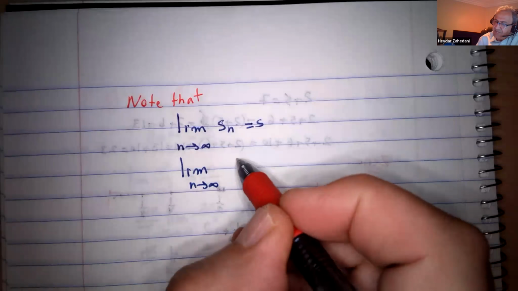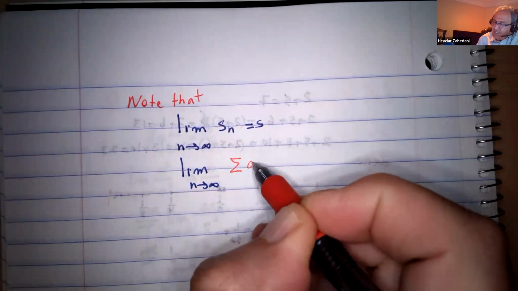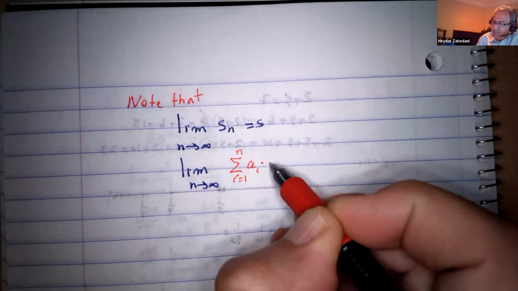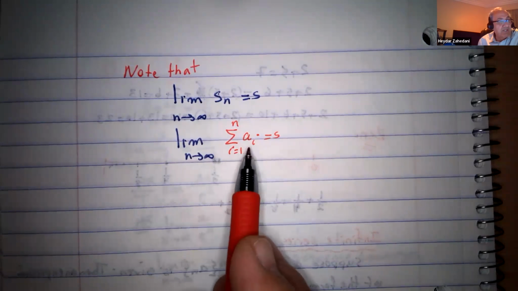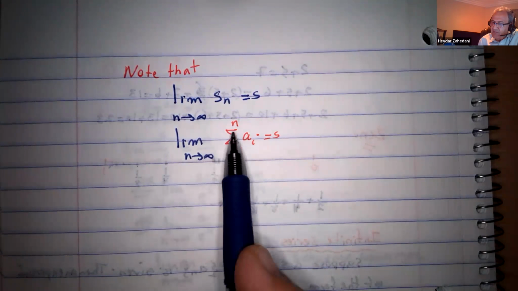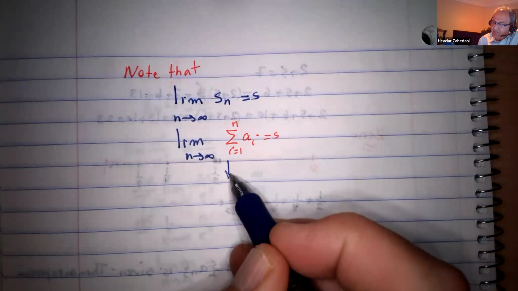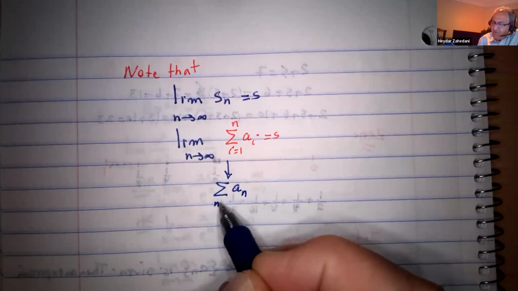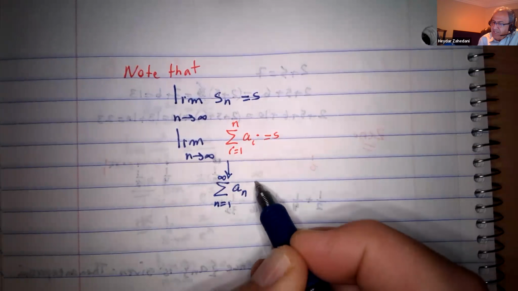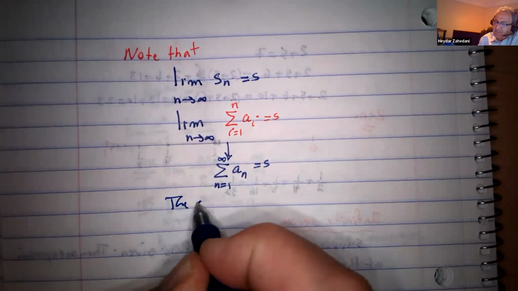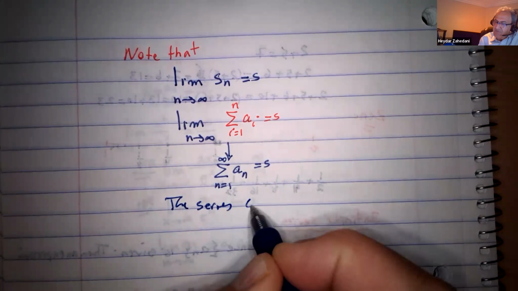Sn is the sum of the n terms, sigma of ai, i from 1 to n, and that was A1, A2, A3 to An. So when n goes to infinity, this becomes the infinite series, sigma of An, n from 1 to infinity, and that would be equal to S. And now we say that the series converges.